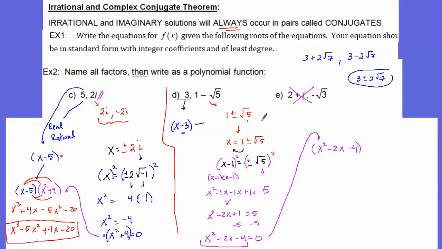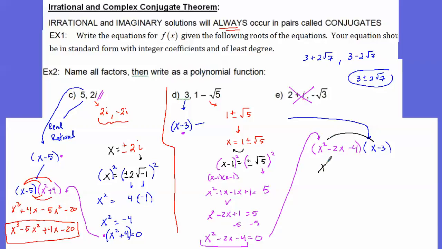I'm going to bring this one over, multiply here, x minus 3. And I'm going to multiply these. Again, because I'm multiplying a binomial times a trinomial, I'm going to use the two-line process where I multiply this first set here.